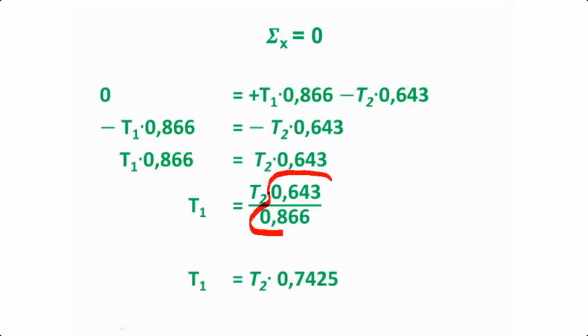And when you do, you will see that the answer is 0,7425 and some other decimal places. You shouldn't clear your calculator. Keep all of those decimal places, put it in the memory, because the more decimal places you have, the more accurate. So you see, we haven't found T1, nor have we found T2. But what we've done here is we found how to express T1 in terms of T2.